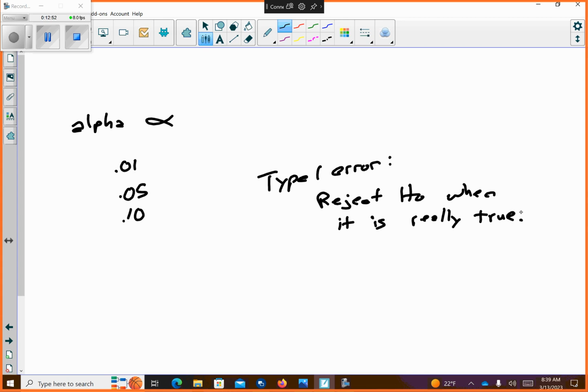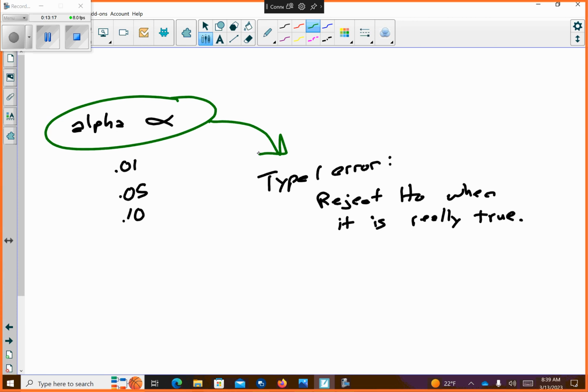Okay, so lower values of alpha make it harder to reject the null. We need stronger evidence to generate a lower p-value. However, if we do reject it, obviously type 1. In fact, alpha is the probability we make a type 1 error. So this alpha value is the probability that we make a type 1 error.